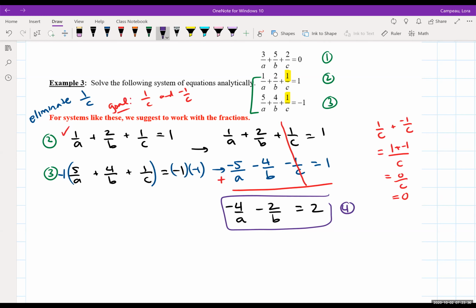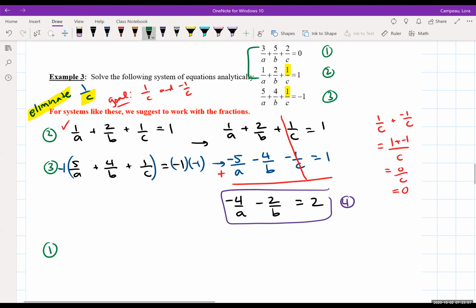Now, we're going to do this one more time. Remember, our goal is to eliminate the c terms, so I have to pick another combination so that I have c's involved. It won't matter. We can go with 1 and 2 if we'd like. So I'll write that down.